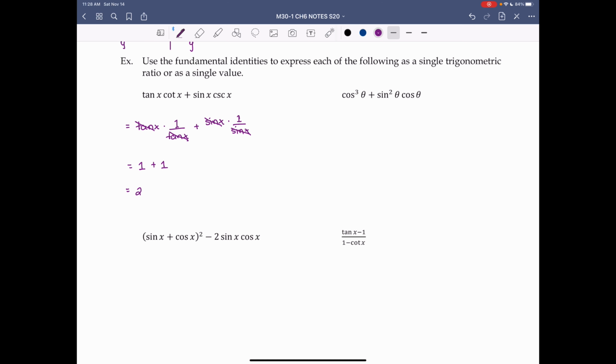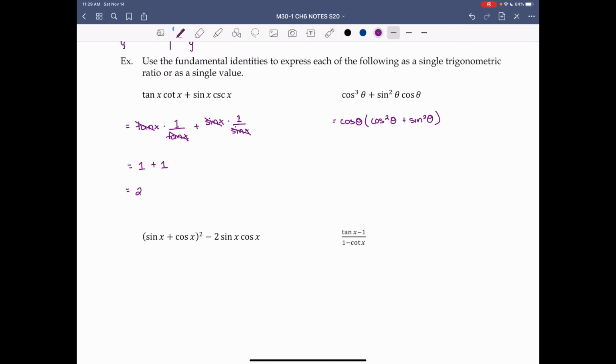Cos cubed theta plus sine squared theta cos theta. I should see right away that I have a common factor. In both of my terms, I can factor out a cos theta. Then I'm left with cos squared theta plus sine squared theta.